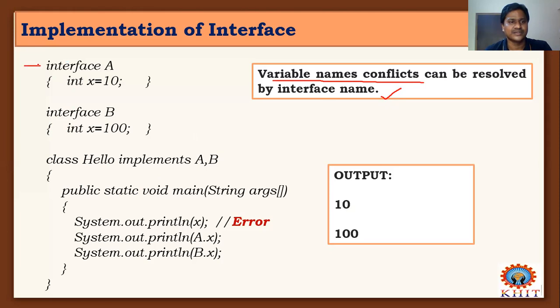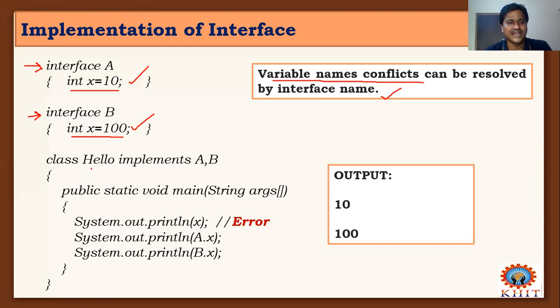So here, one interface A has one variable int x equal to 10. Another interface B has int x equal to 100. These two variables are by default final and static.